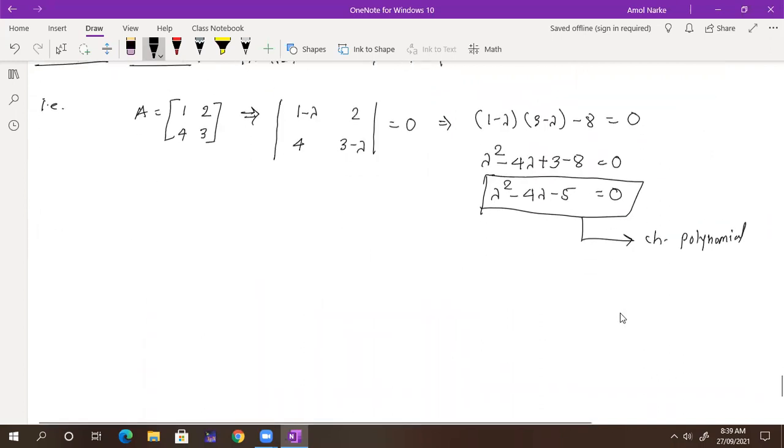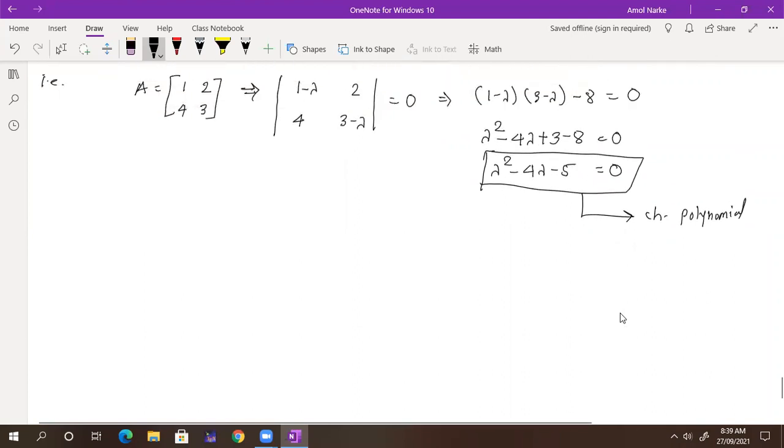By the Cayley-Hamilton theorem, instead of lambda, I substitute A: A square minus 4A minus 5I, where I write the identity matrix because I'm now substituting matrices, is equal to 0.